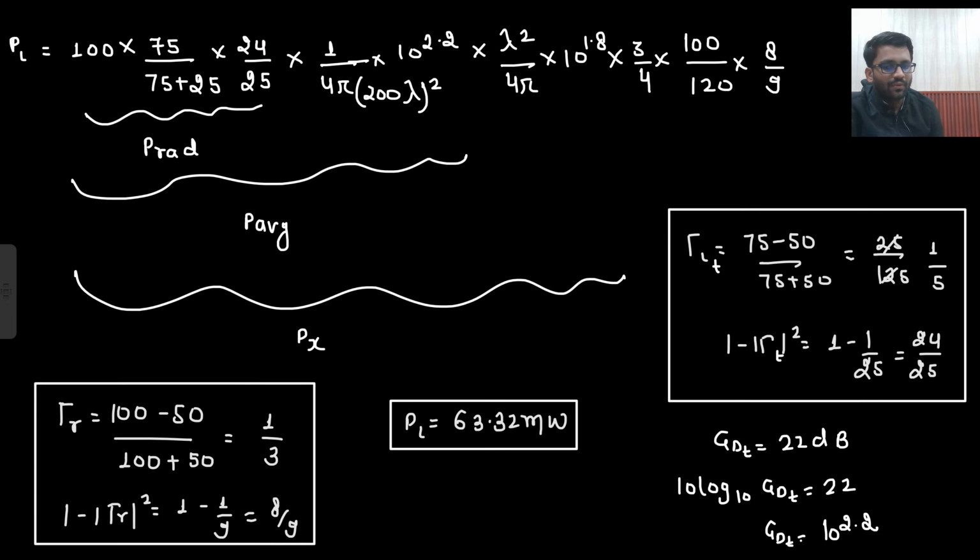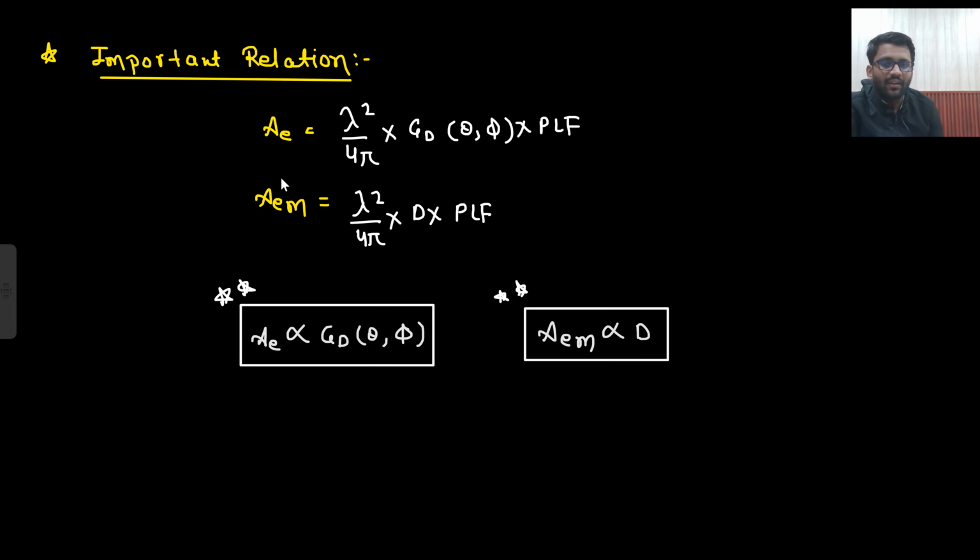And what did I tell you here? The directive gain is proportional to the effective aperture area, whether it is from the transmitting side or the receiving side. If directive gain is there, that means certainly the effective aperture area is also in action. So what can I write down? Forget about this polarization loss factor, or you can take it into account as well.